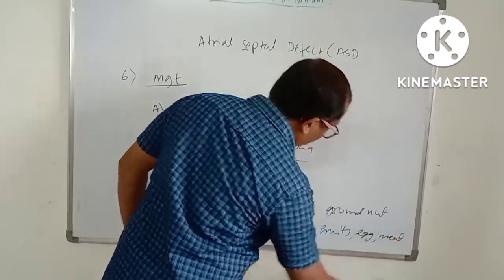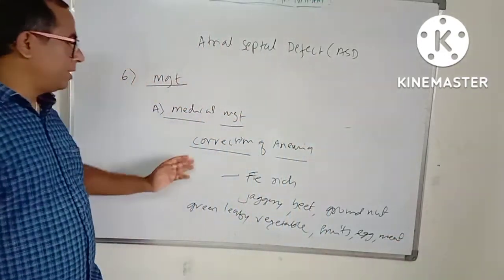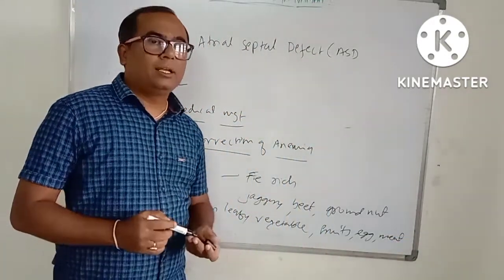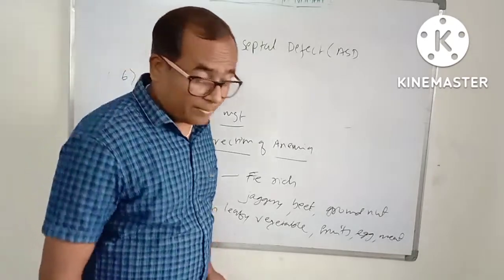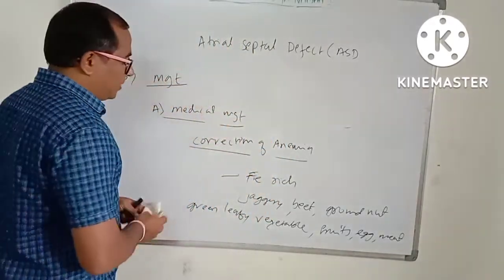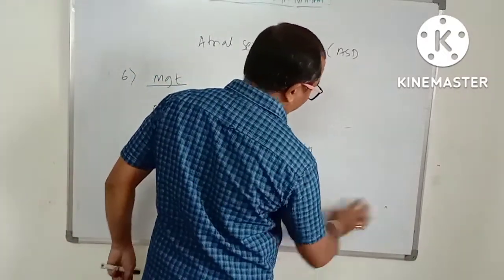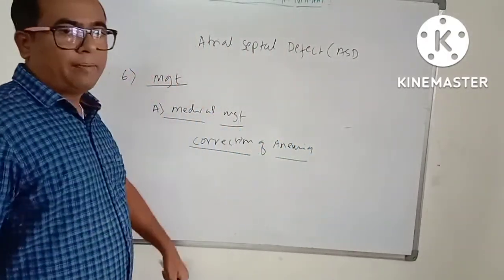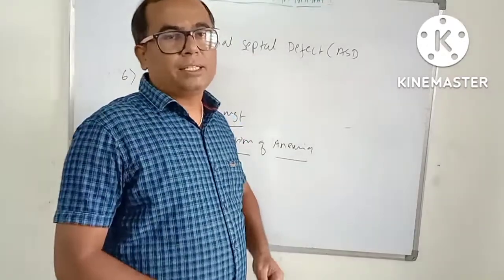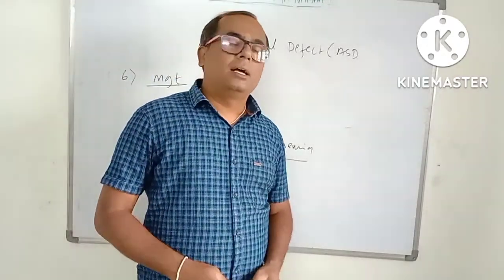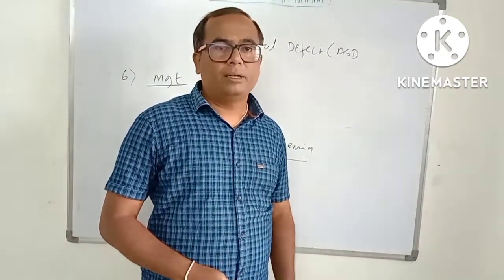So all these diets are included for correction of anemia. If the mother or the child is suffering from severe anemia, iron tablets can be given. And apart from that, blood transfusion to the mother can also be done if there is severe anemia, that is Hb less than 8 gram per deciliter.